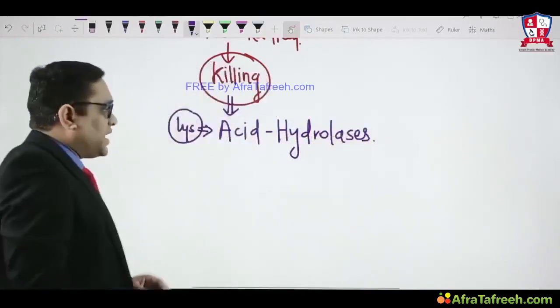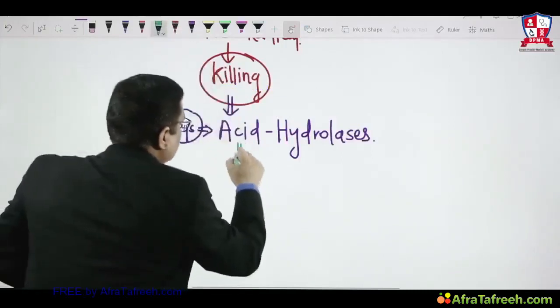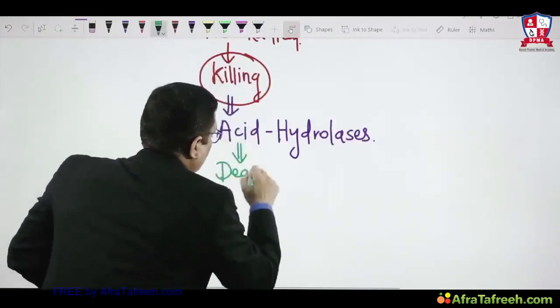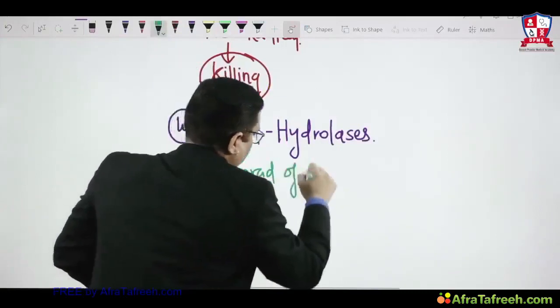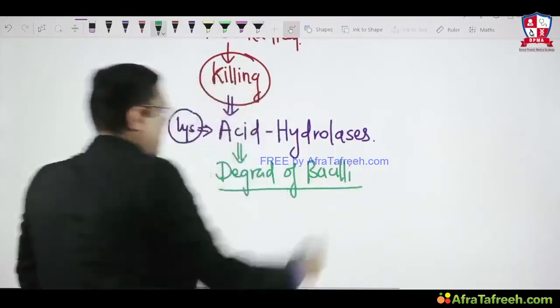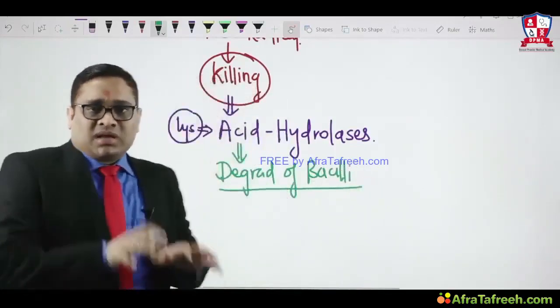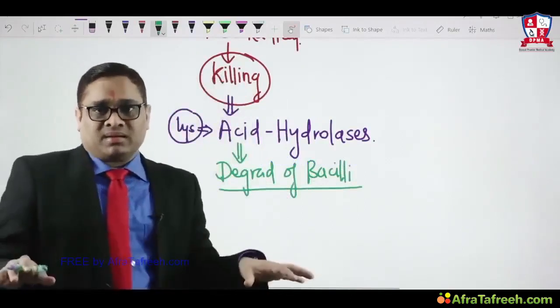So there is an acid hydrolase which is present in the lysosomes, and this will cause degradation of bacilli, right? So dead body of bacilli will be degraded by acid hydrolases present in the lysosomes. So this is how killing and degradation will be completed, right?